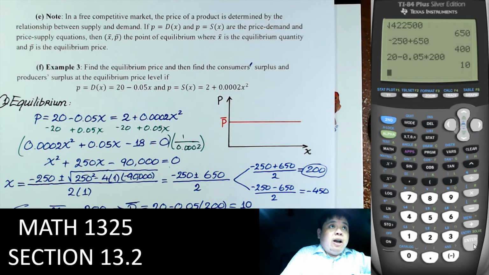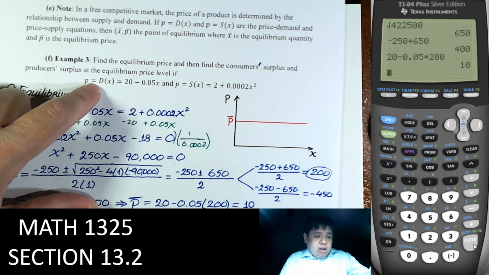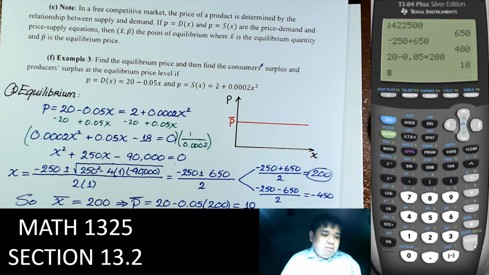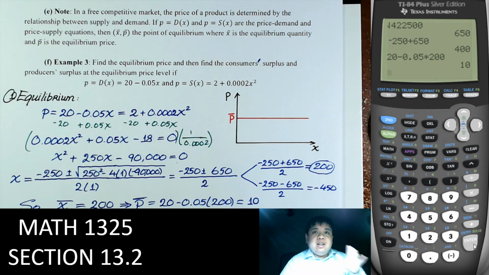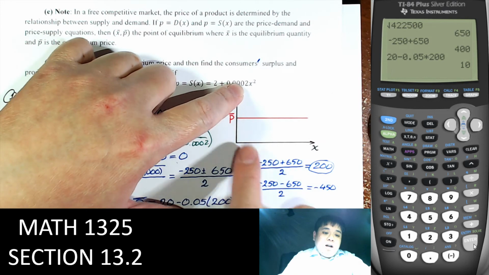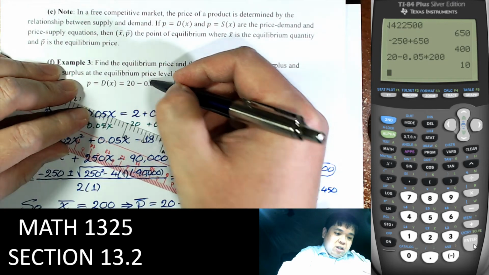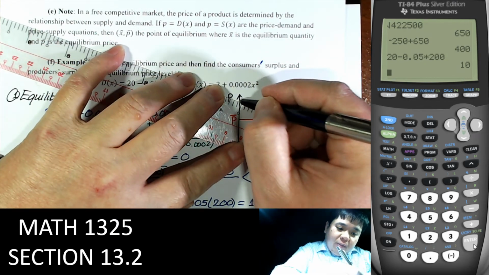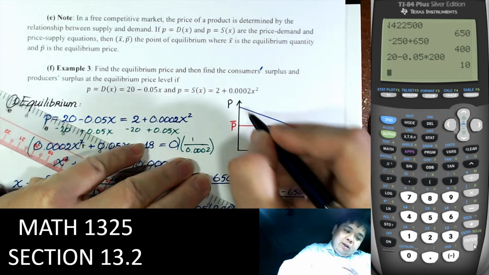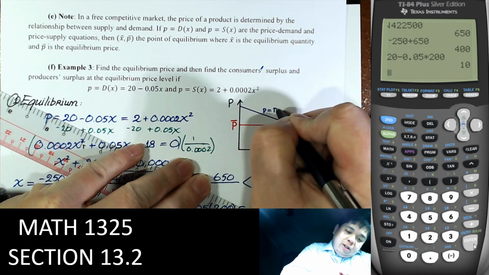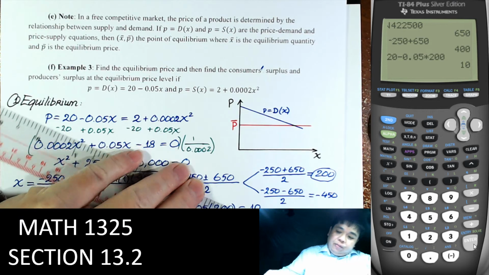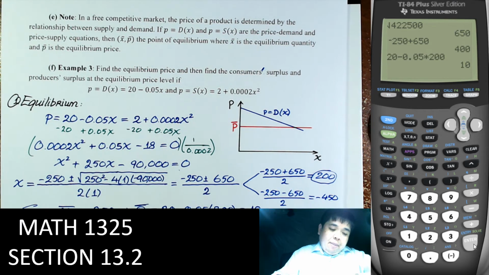Even though this one is the demand and this one is supply, we don't really need to be told that. When we look at it, we should be able to know which is which. The higher the price, the less quantity demanded, so demand is a decreasing function. This is the equation of a line, so it's going down like this. This is the demand function, and this is the supply function.